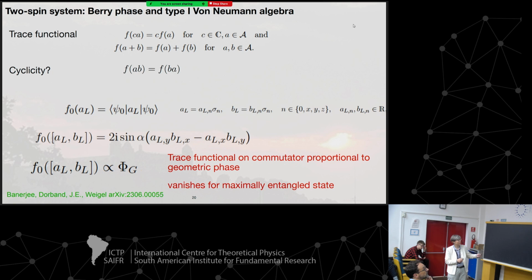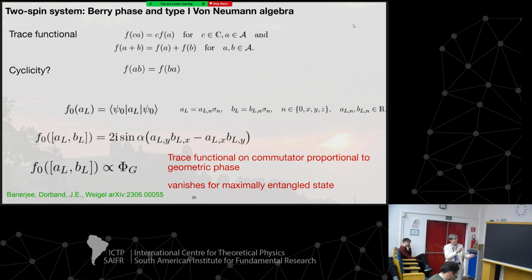So we take the ground state, the one we calculated before, and take one element of the von Neumann algebra for the left spin, and write a basis using the Pauli matrices. And then if this is our F0, we can calculate this for a commutator, and that's what we get.